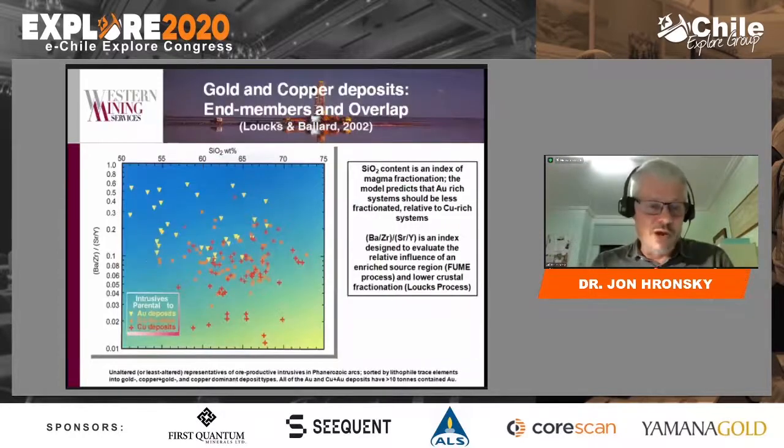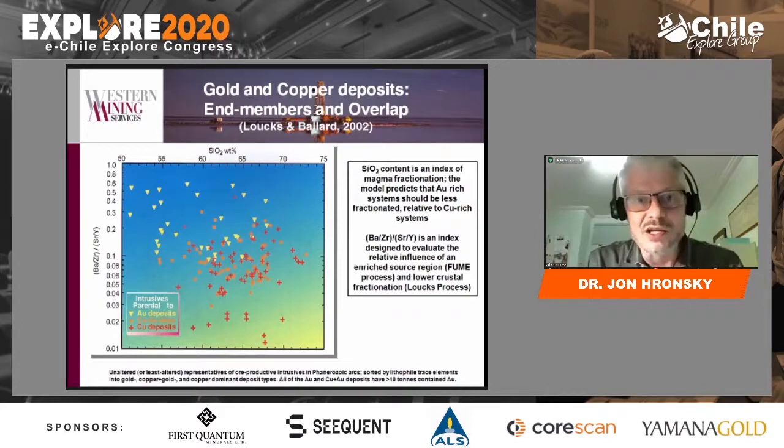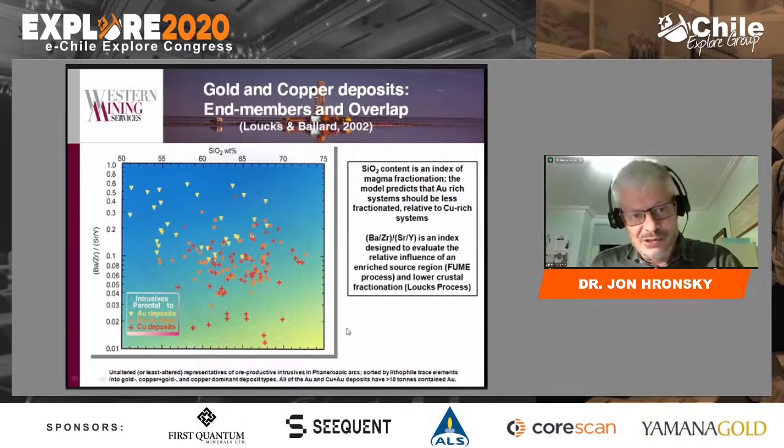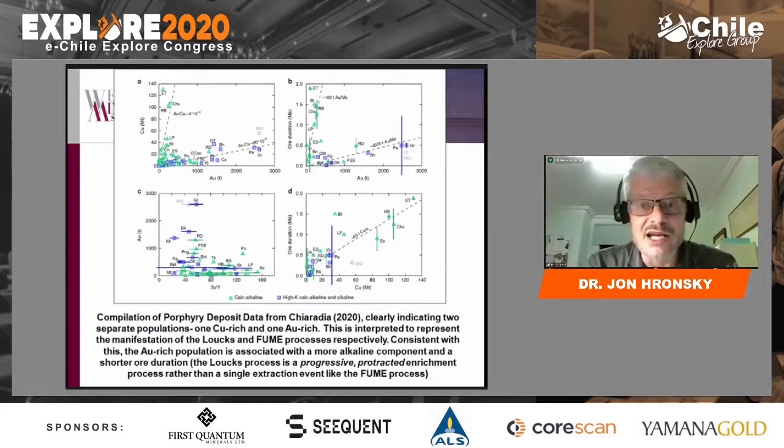When we look at comparisons of copper and gold deposits, we see quite a lot of evidence for end members and overlap. This particular diagram separates out the intrusions parental to these things. As you might expect, the gold deposits have the stronger alkalic signature, they're more mafic, and the copper deposits are more fractionated. This compilation from Chiaradia is also interesting, and it's very consistent with our model.